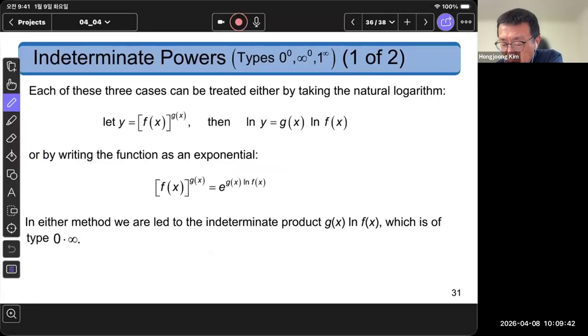you need to take the log function. Okay, so given you let this function by y, and then you take the log function of this y to move this g of x to the front of log f of x.